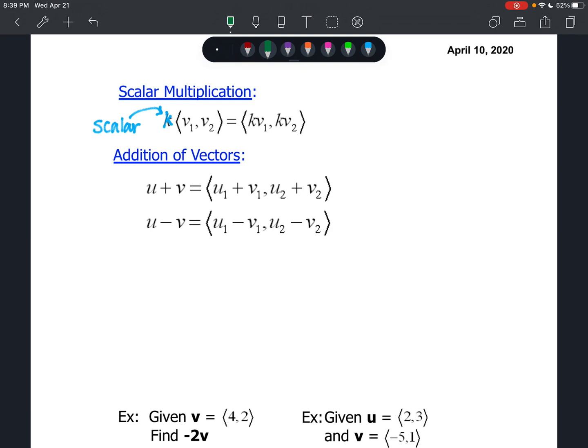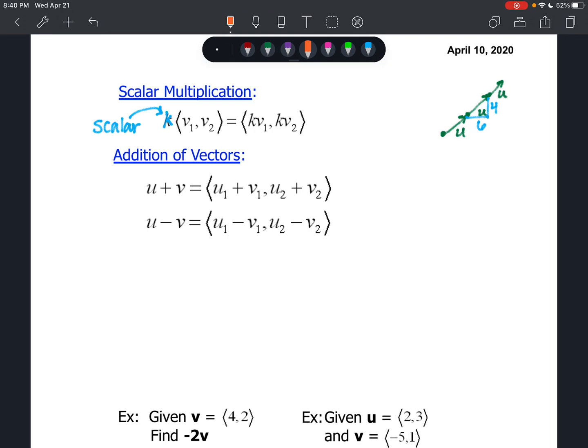So think back to an earlier problem where we had u and we needed to find 3u. That was scalar multiplication. So how would we maintain, remember it was 6 and then it was 4. How would we maintain that?